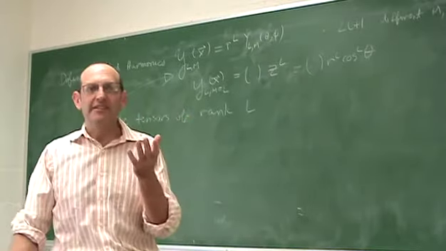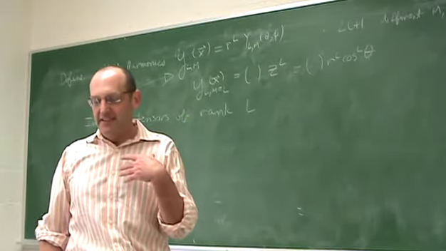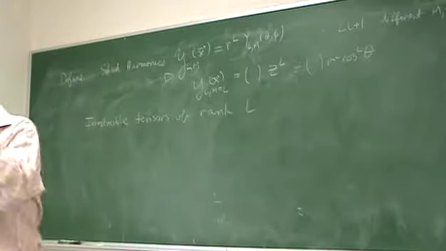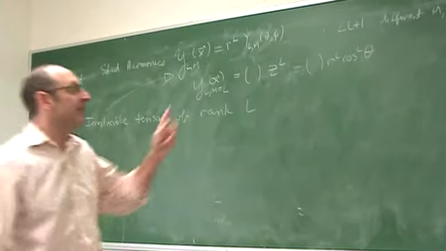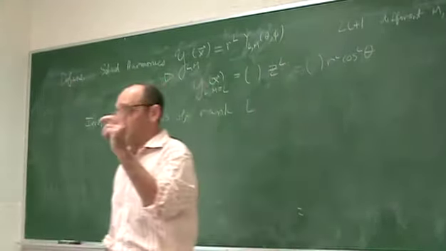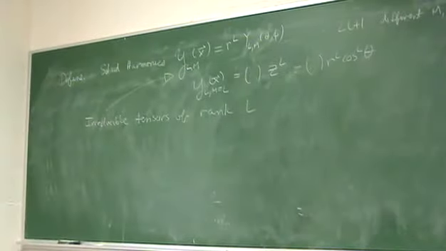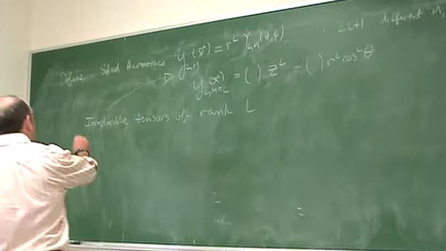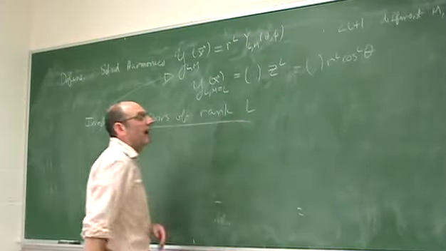What is a tensor? A tensor is an object which has components, in this case 2L plus 1 components, and it rotates in a particular way. That means the components of the rotated object are related to the components of the unrotated object in a defined way. How do we see how this rotates?